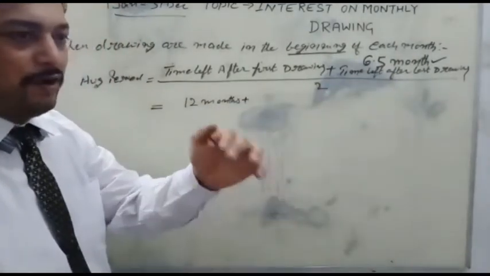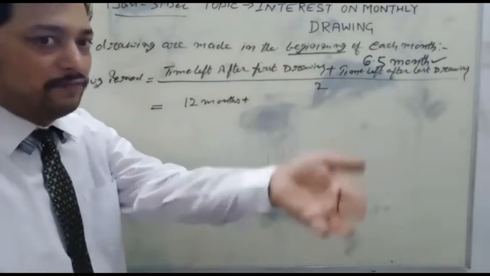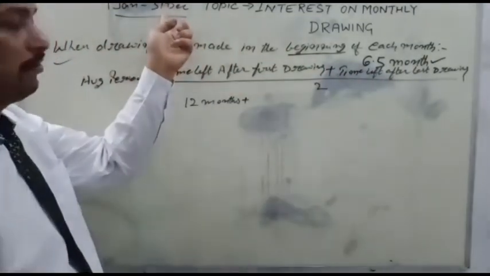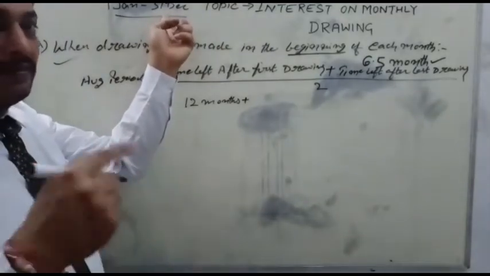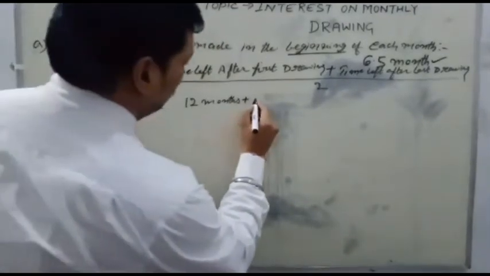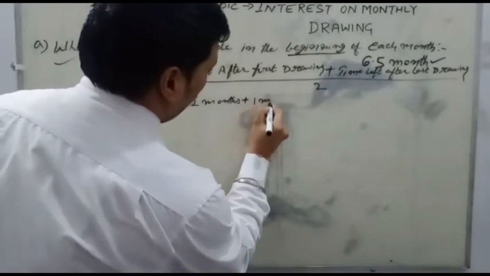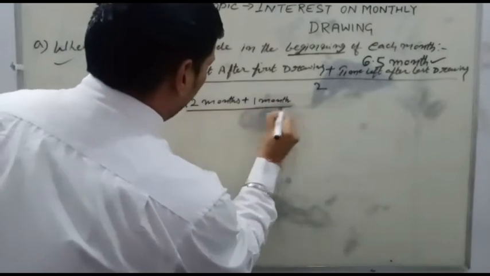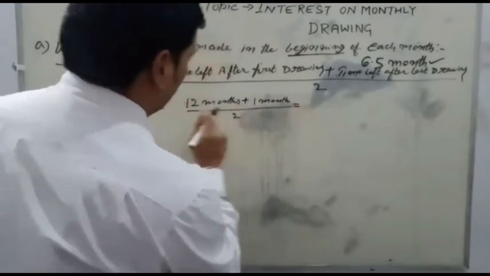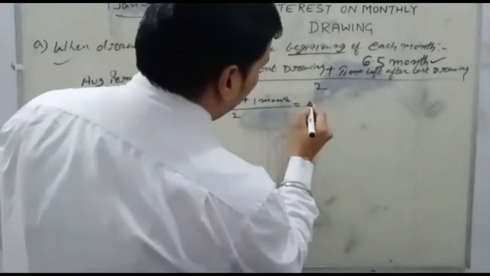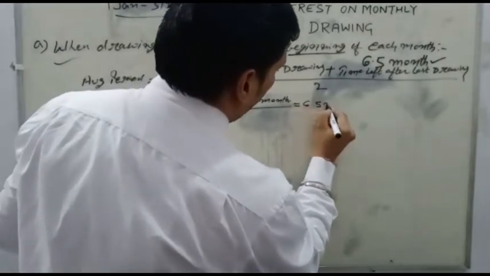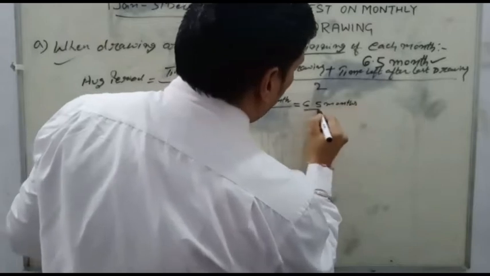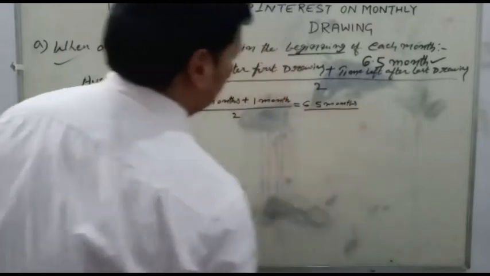The partner withdraws the amount at the beginning of each month, so the last drawing is on 1st December and 1 month remains, 1st December to 31st December. 12 plus 1 is 13, divided by 2 is 6.5 months. A drawing will be equal to 6.5 months.